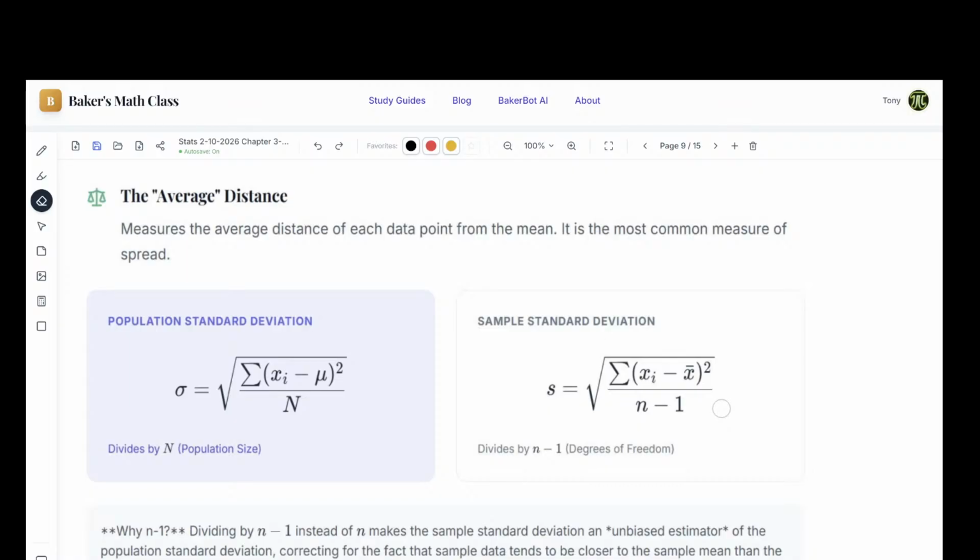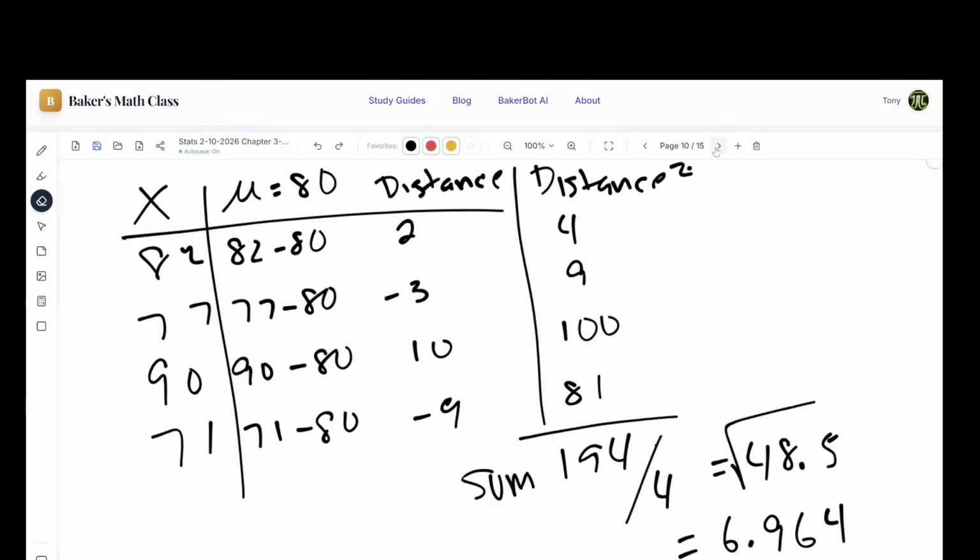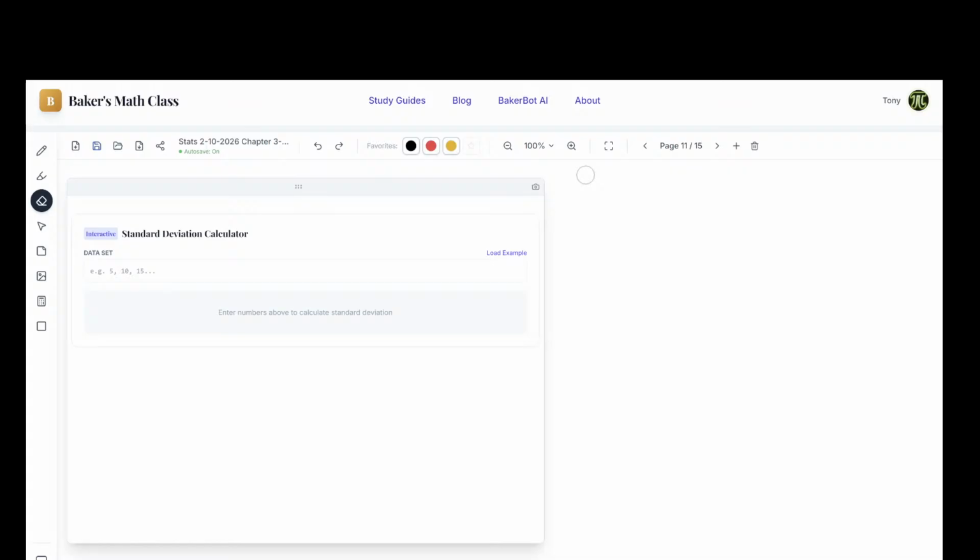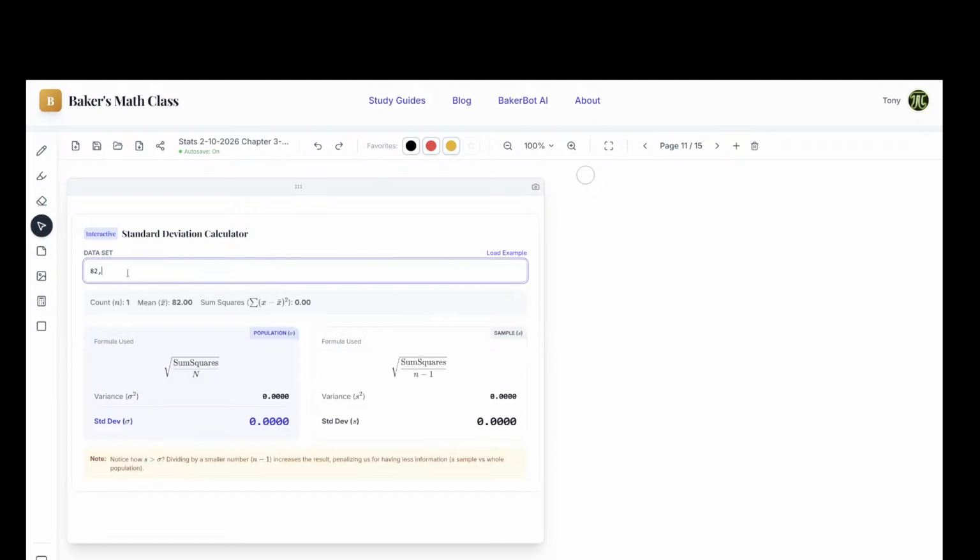Because, for example, I'm going to switch slides. This one, let's do those 4 numbers again. Those are the 4 numbers. What if I added 100 in here? Okay, so notice I added another bigger number. My standard deviation changed. It went up.